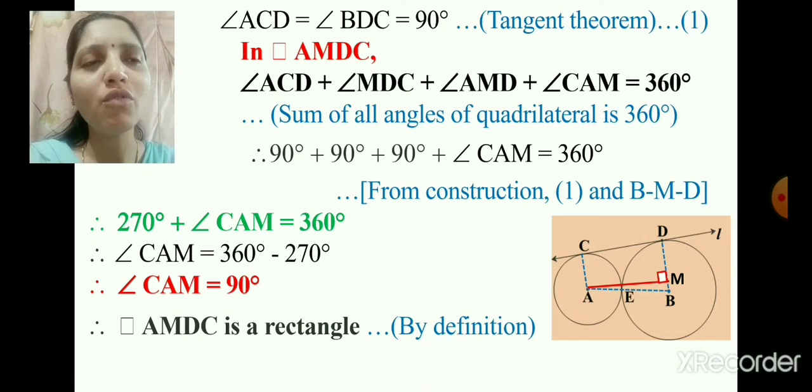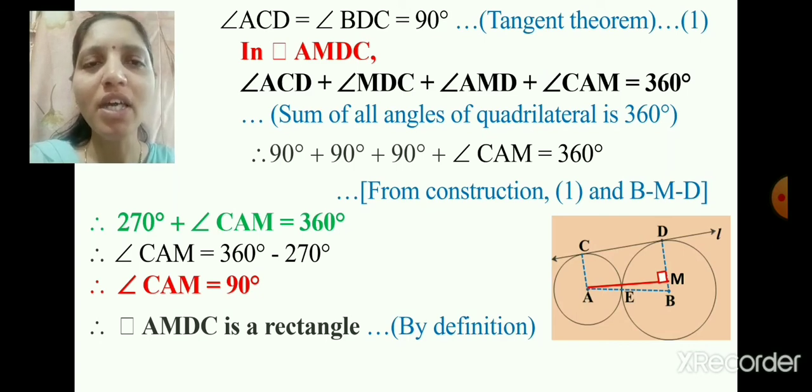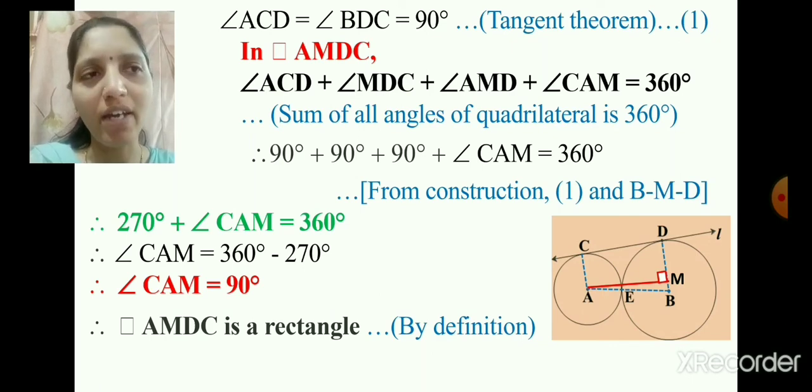So if you consider this quadrilateral, all the angles are of 90 degree. That means we can say that quadrilateral AMDC is a rectangle by definition, because when all angles of a quadrilateral are 90 degree, then we can say that the quadrilateral is a rectangle.